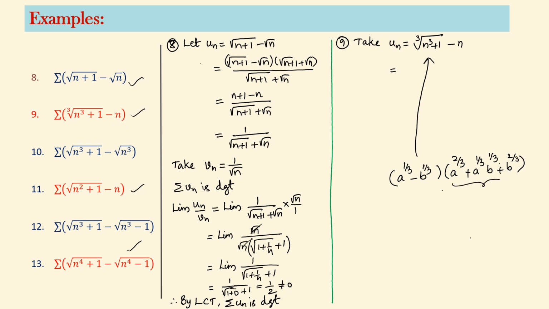We have to multiply numerator and denominator with this one, so that this will become a power 1 by 3 whole cube minus b power 1 by 3 whole cube, which is the a cube minus b cube form. So finally you will get a minus b. So we have to multiply with this factor.